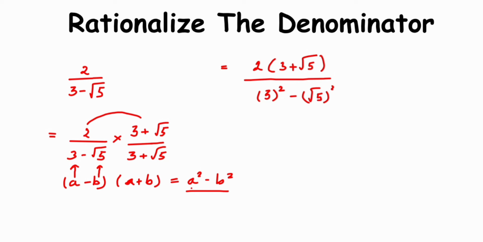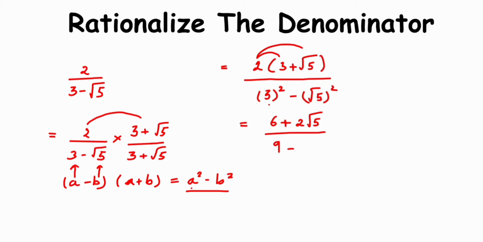So this will be equal to, you can open the bracket in the numerator, or you can just leave it like that. If I open, I'll get 2 into 3, 6, plus 2 into root 5, which is 2 root 5, upon 3 square, which is 9, minus root 5 square.